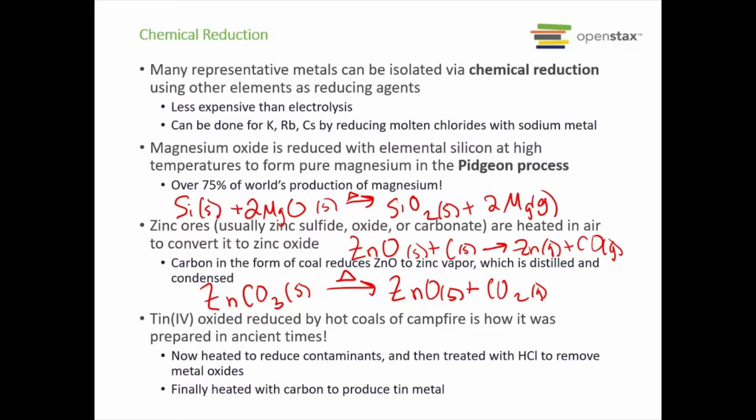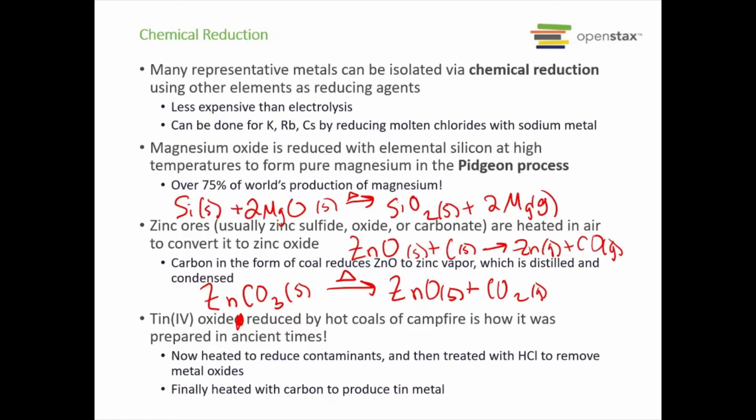So tin now, tin(IV) oxide. It is reduced by hot coals of a campfire, and this is how it was done in ancient times. So tin(IV) oxide reduction into tin metal has actually been around for a long time.